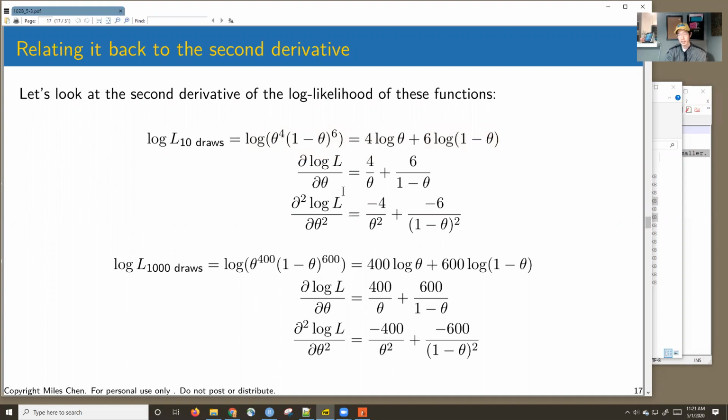Taking the derivative, I get 4 over theta minus 6 over 1 minus theta. Taking the second derivative, 4 times theta to the negative 1 becomes negative 4 theta to the negative 2, so negative 4 over theta squared. Same thing over here, I get negative 6 over (1 minus theta) squared.